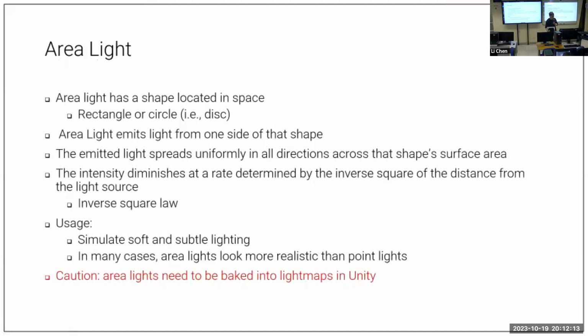Sometimes students come to me and say that they added an area light but cannot see the effect. Area light is the only light that cannot be calculated in real time in Unity by the default rendering pipeline. So you have to bake it, make it static, and make it contribute to global illumination, the baking, and you will see the effect.